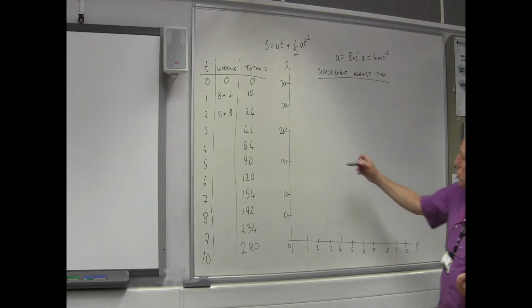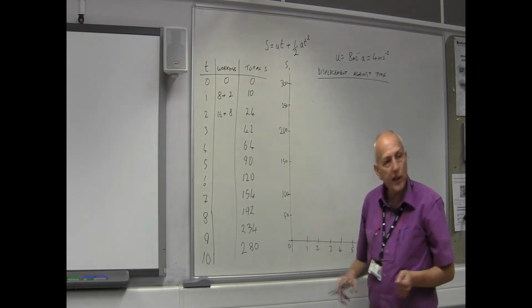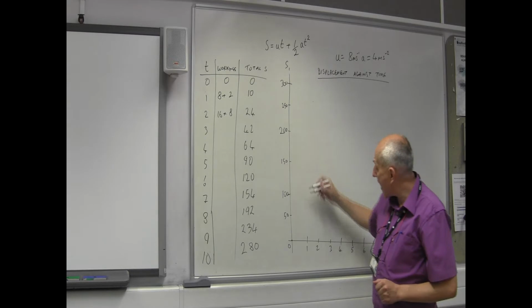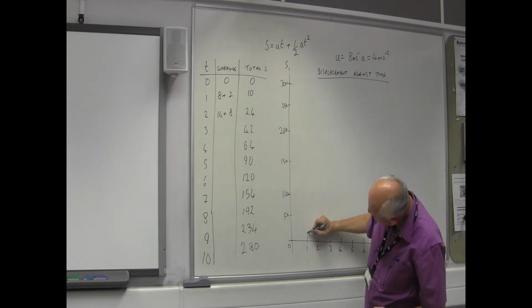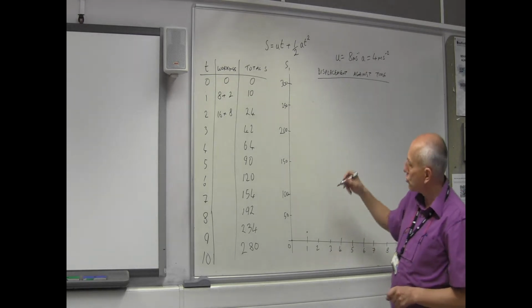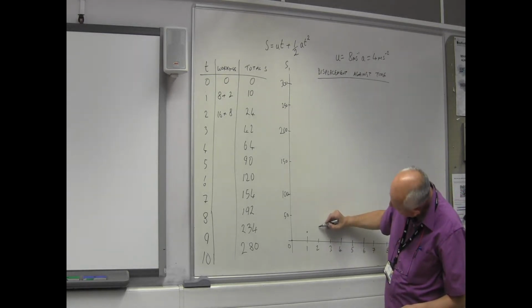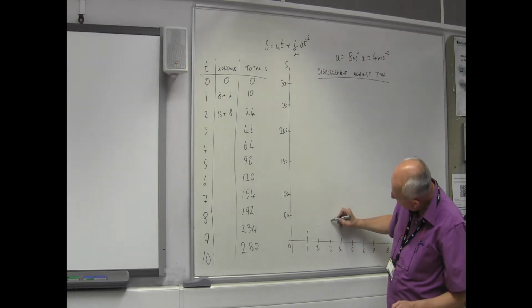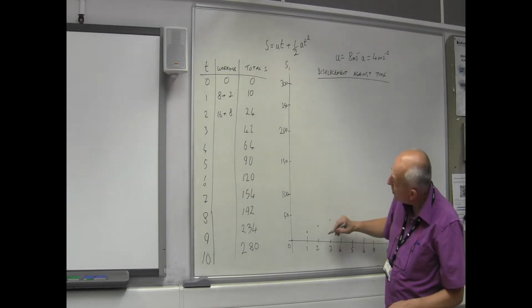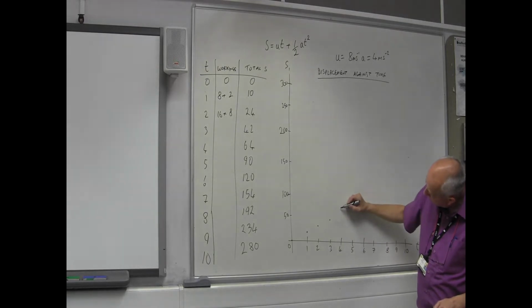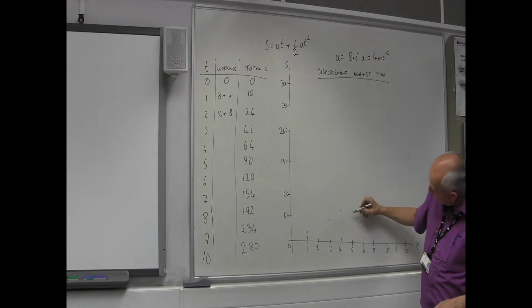Okay, let's have a look. So the first one is 0. That's easy. It's not travelled any distance in 0 time. Then it gets to 10, so that's going to be somewhere around here. Then it gets to 24, somewhere around the middle. 42, something like that. 4 is 64, so somewhere about there-ish. 90.